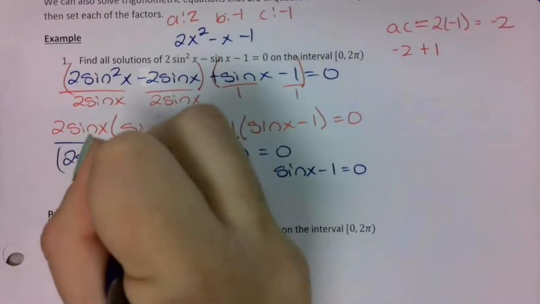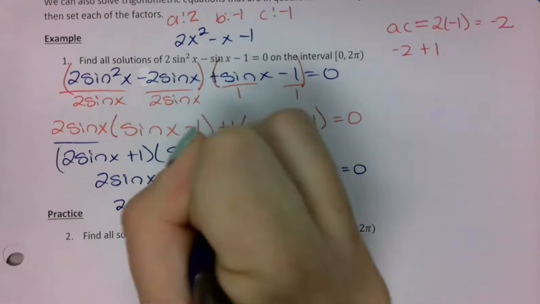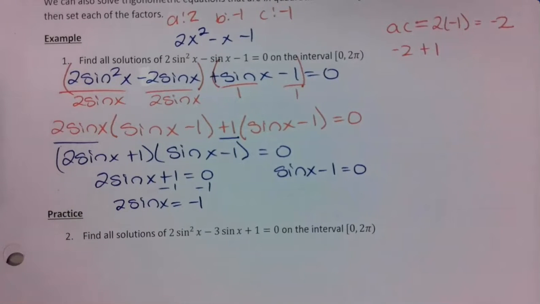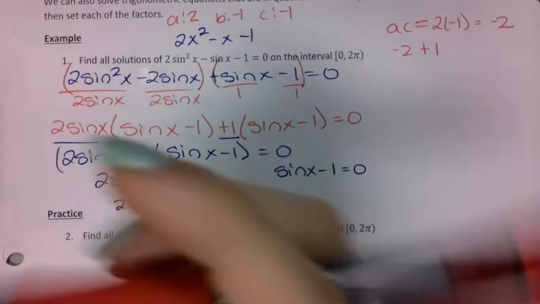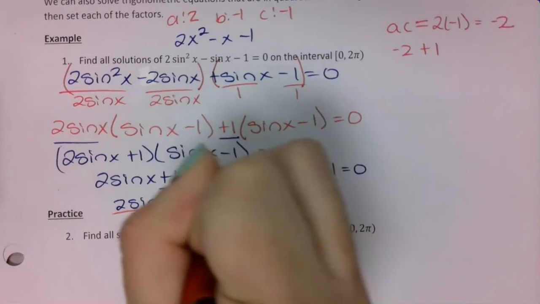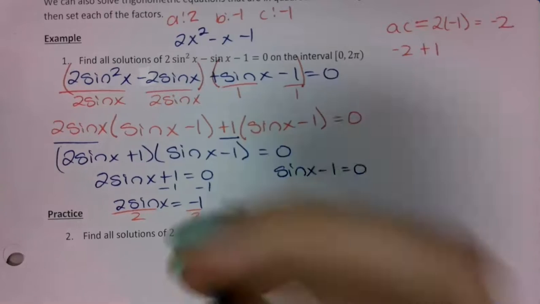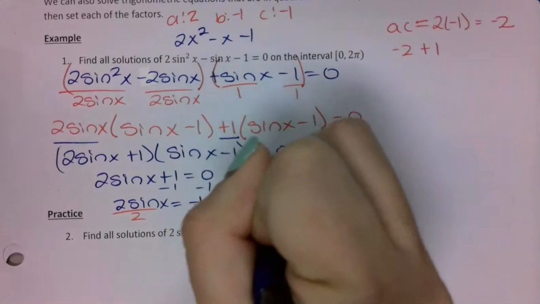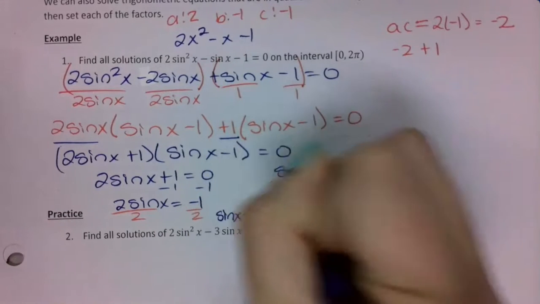I have 2 sine x equals negative 1. And then I want to go ahead and divide both sides by 2. So I have sine x equals negative 1/2.